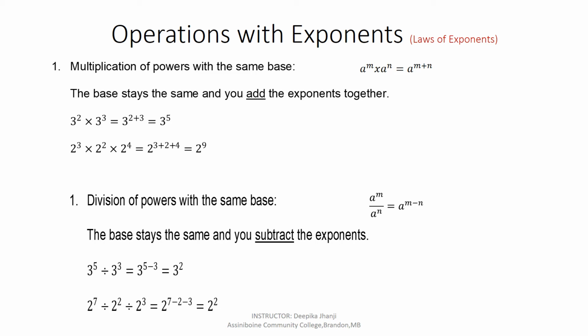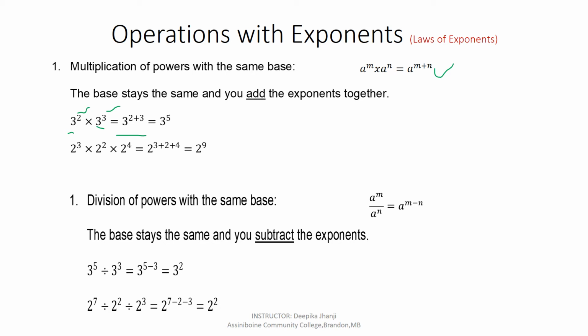We have 3 square times 3 cube, right? Now the bases are same, 3 and 3. The law says if you have the same bases, you can add the powers. So that means 2 and 3 will be added. So you get 3 raised to power 2 plus 3, and that is 3 raised to power 5, right?